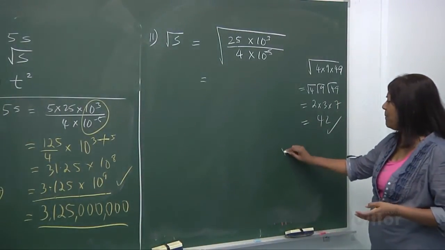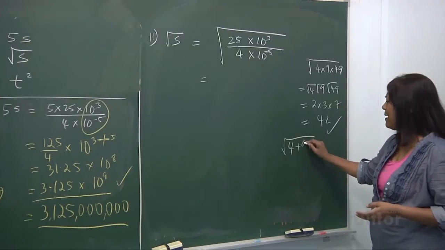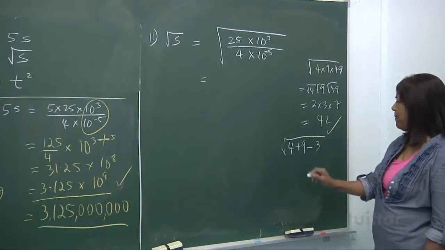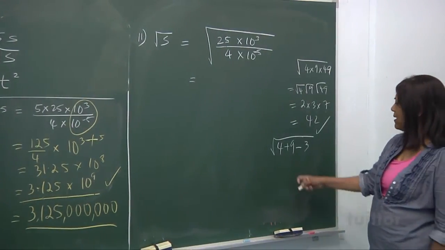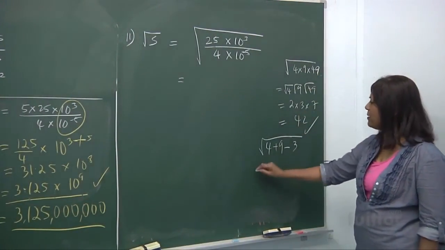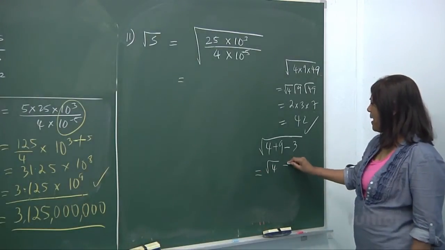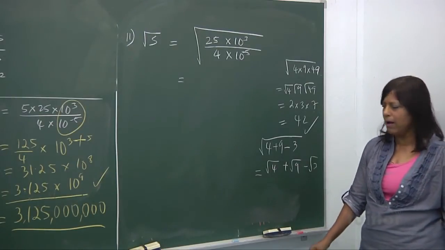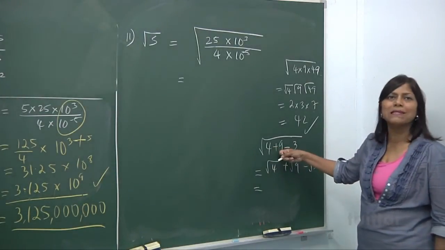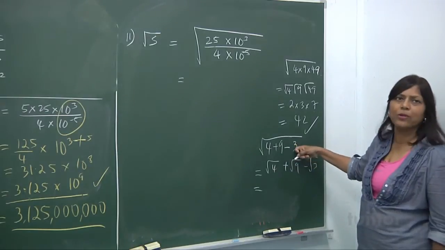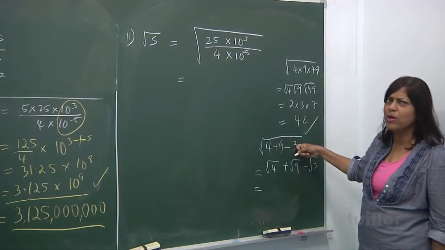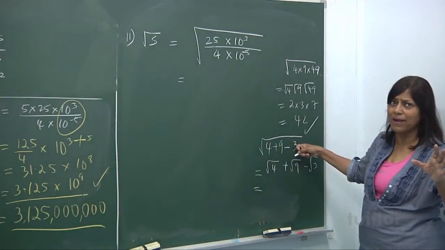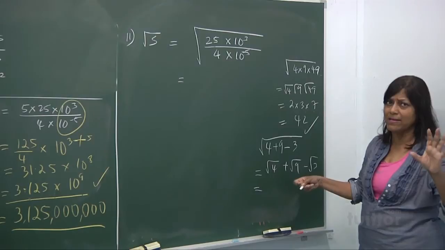But if we put a plus, 4 plus 9, and then a minus, 4 plus 9 minus 3, you might say, the teacher said we can do all this, so I also want to do it: square root 4 plus square root 9 minus square root 3. Let's see what you get. What is 4 plus 9? 13. 13 take away 3 is 10. The square root of 10 would give you approximately 3 point something, because the square root of 9 is 3.